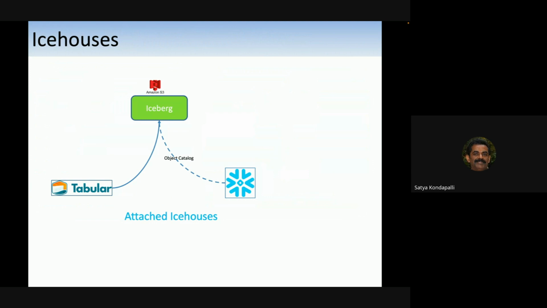Small changes here and there, but once you learn Iceberg, you can implement any of these tools in the Iceberg technology. And same thing here. So let's say, for example, I am showing here a Tabular. Tabular can write Iceberg table, Snowflake can read it. Even Databricks also can read it.